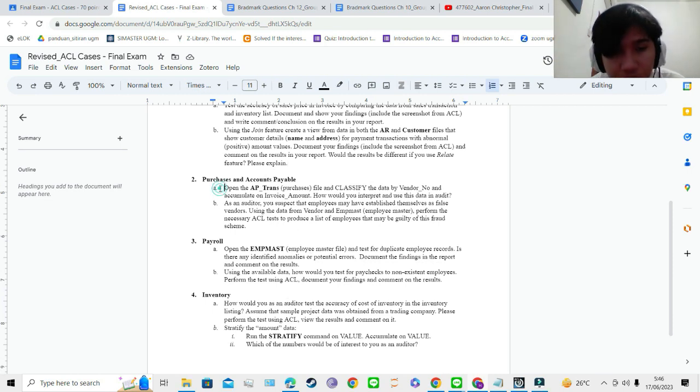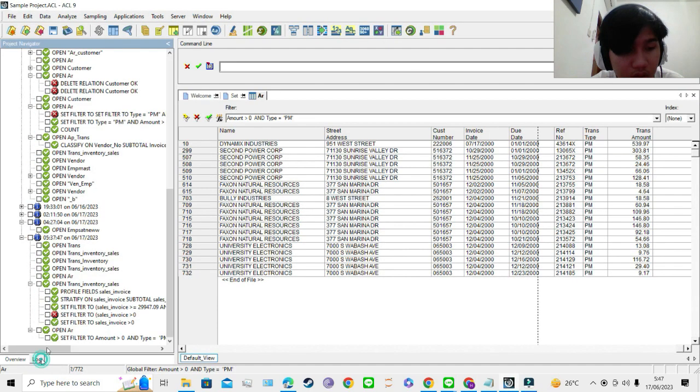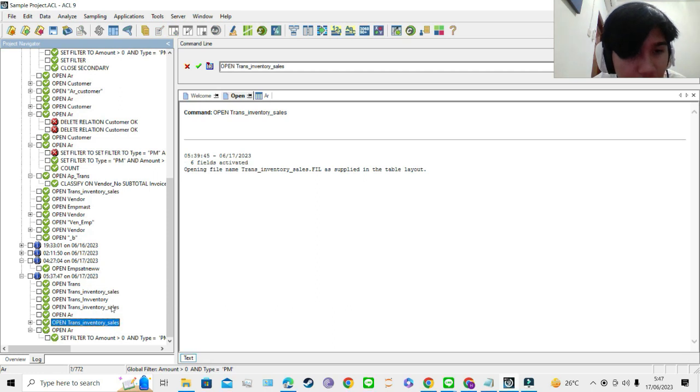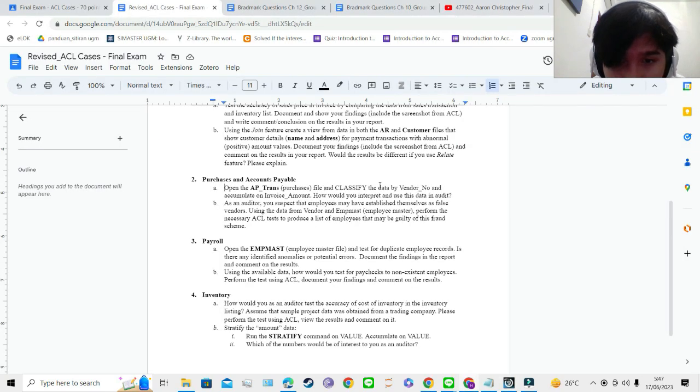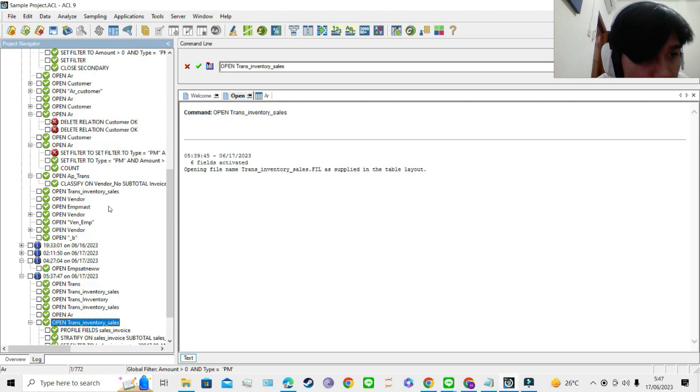Okay, and for number 2, open AP trends, classify data. Open AP trends and vendor AP trends.